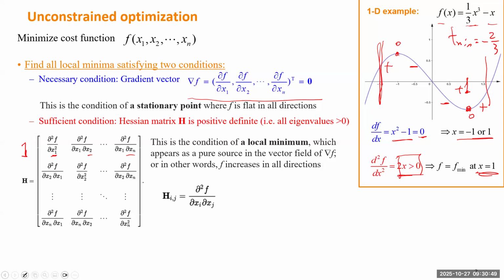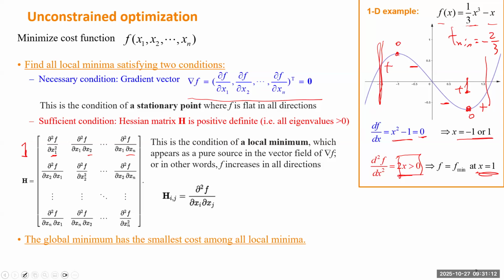And if this point is a local minimum point, the f value will increase in all directions. Okay, so it's like the bottom of a valley. The last step is you check all the local minimum points to find which really gives you the smallest f value. That will be your final solution.